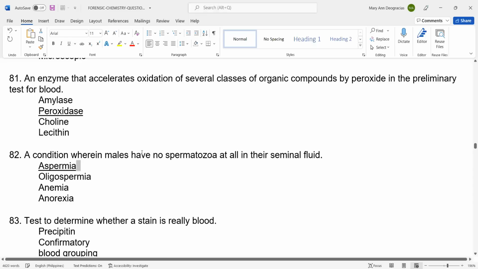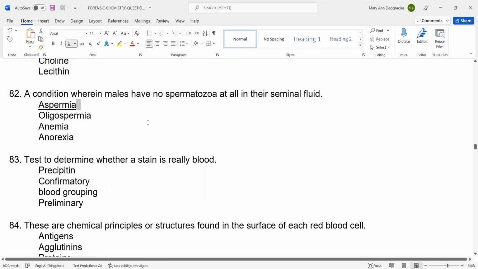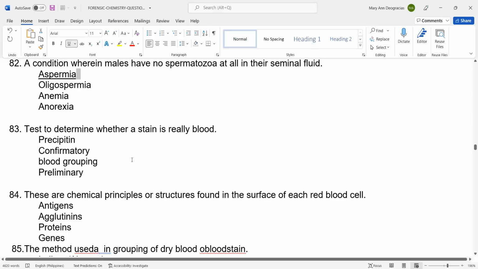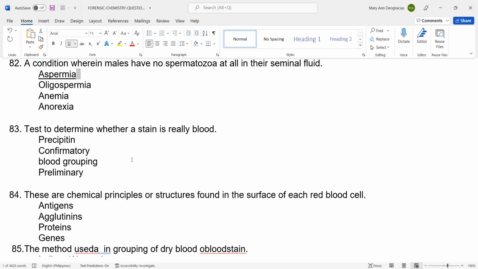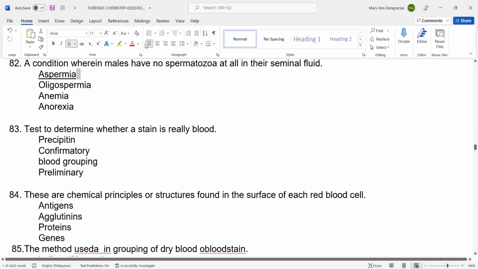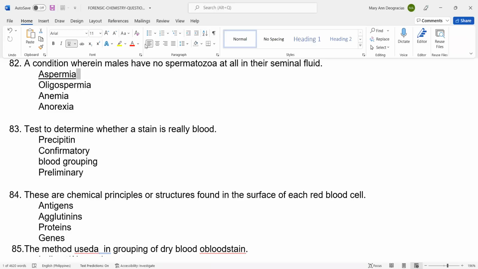Okay, so number 82 is aspermia. Okay, next. Number 83, test to determine whether a stain is really blood. Ano sagot natin? It is letter B. Bakit A and D ang sagot nyo dito?